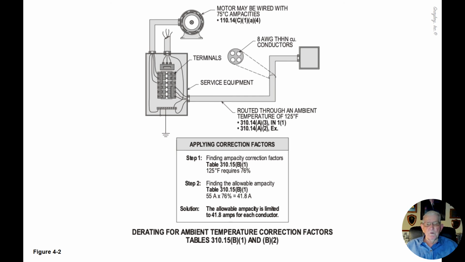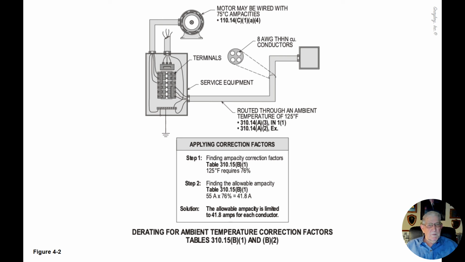Now step 2, we're finding the allowable ampacity of each conductor. So we reference our Table 310.15(B)(1), and we would find in the 90-degree column for THHN, it'd be 76% derate.